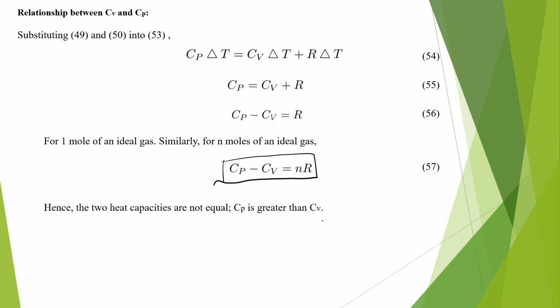For Cp we need more heat to raise the temperature by 1 degree, because some amount of heat is utilized to overcome pressure and do work. So you need more heat to raise 1 degree Celsius or 1 degree Kelvin. That's why Cp is greater than Cv.